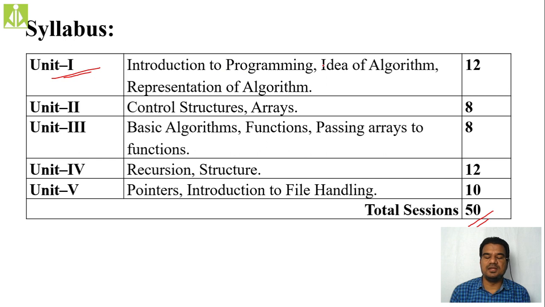These three chapters we are going to cover under unit 1, and in order to complete all these three chapters I need like 12 sessions, because this is the inception point. I need more time to discuss all these concepts, and as you are very new to programming, I have to go very slowly. That is the reason why I have taken 12 classes in order to complete your first unit.